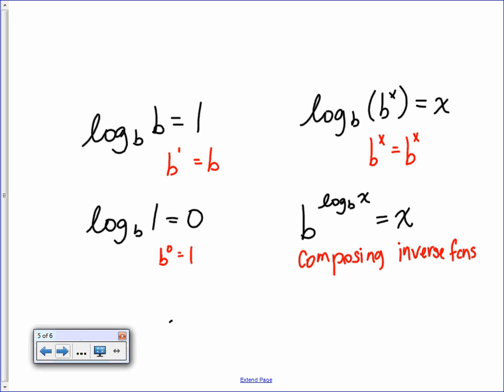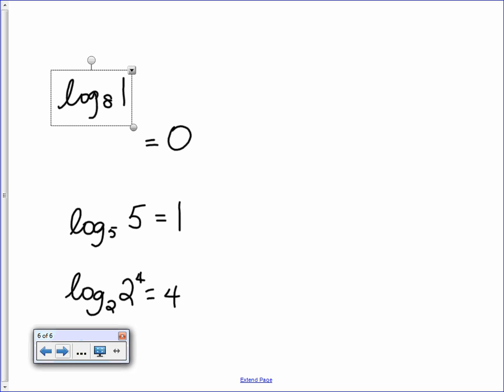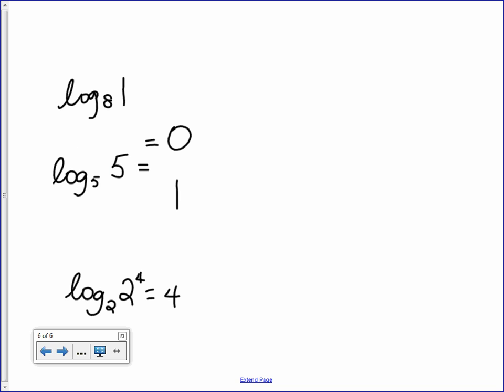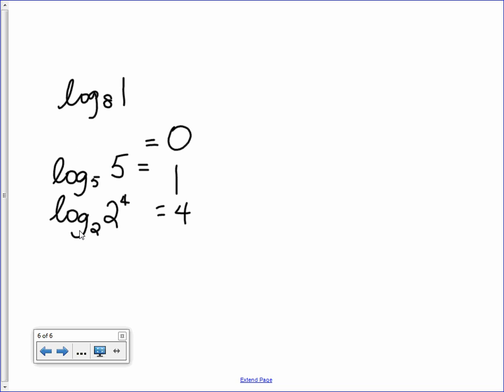With this property, when those bases are the same, we equal the exponent. So base 2, 2 to the 4th, they're gone, and it's just 4. Alright, one more. 3 to the log base 3 of 7. What's that going to equal? 7. Yes.